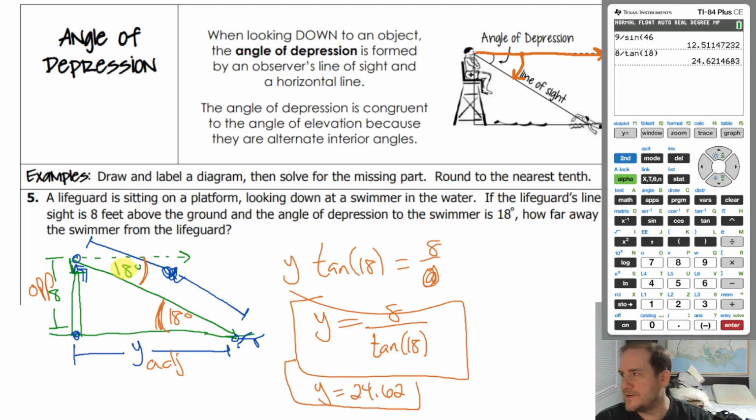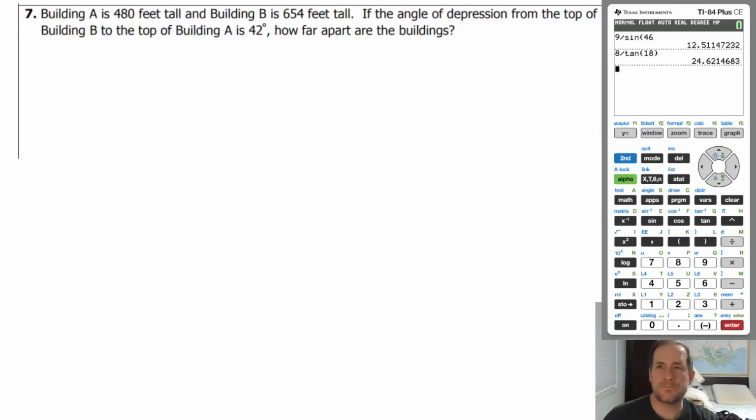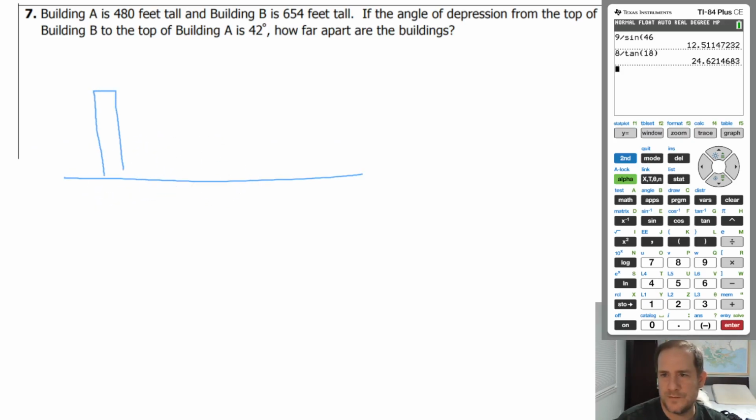Okay, moving on to 7. So what is this? Building A is 480 feet tall. Building B is 654 feet tall, so that's the taller one.